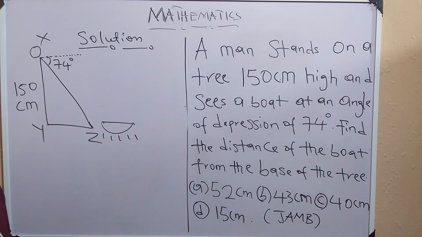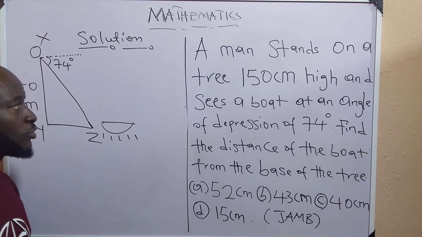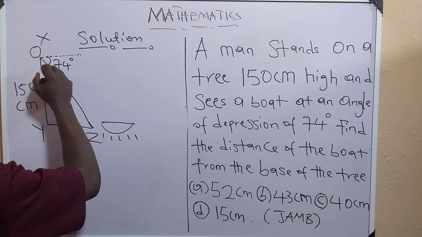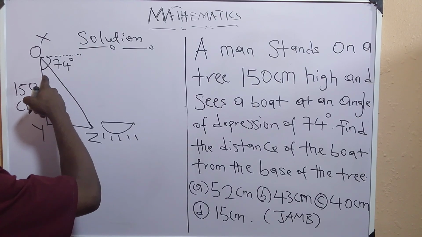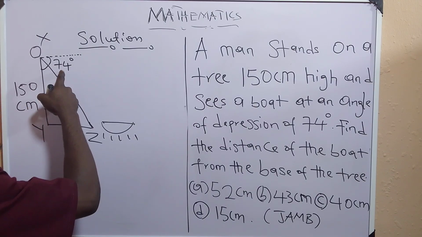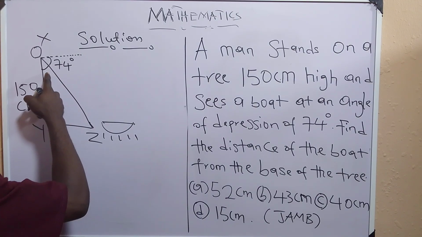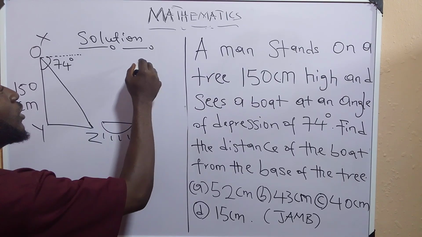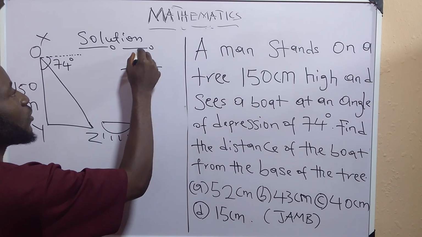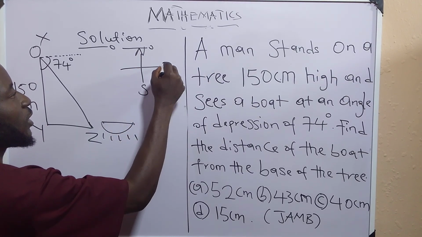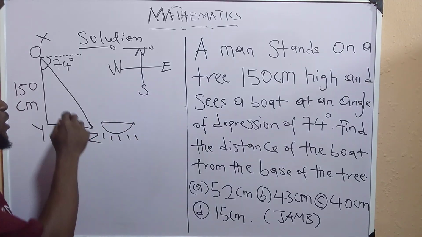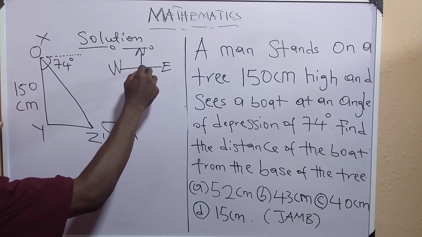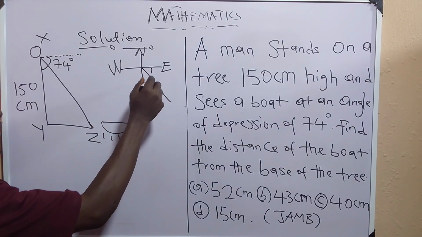And there is something I want you to still remember. Let me take your mind back to the mathematics we know so far. We are looking for the angle here. 74 is known, the angle of depression, but the angle inside this place is not known. If you remember your four cardinal points, north, south, east, and west, this angle of depression is formed here and is given as 74.